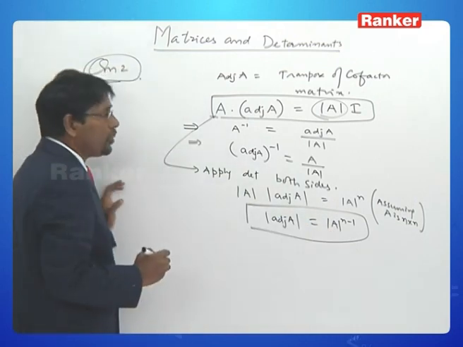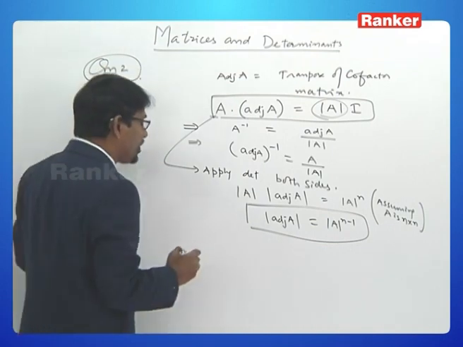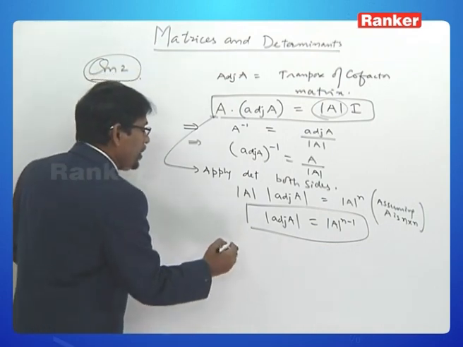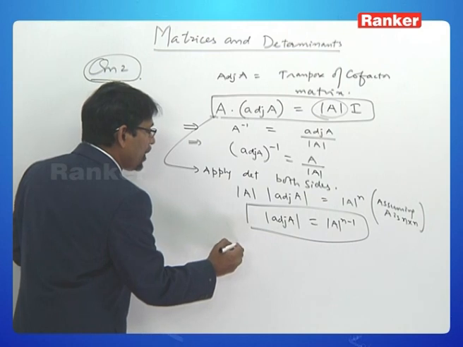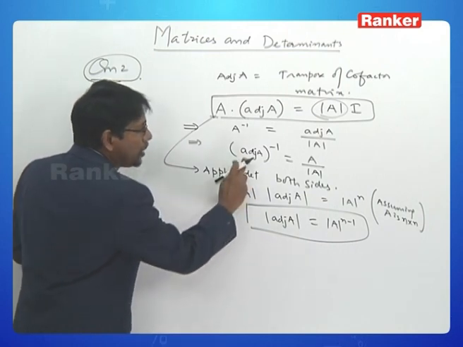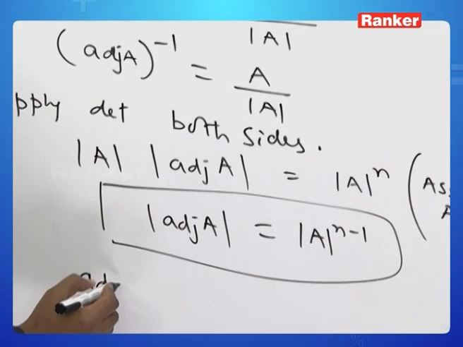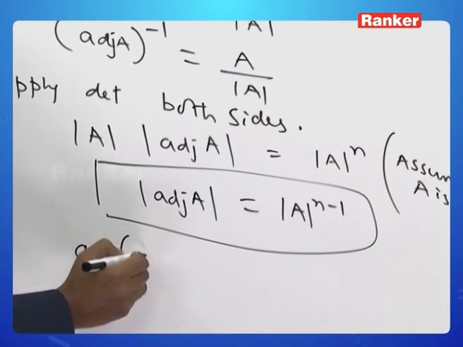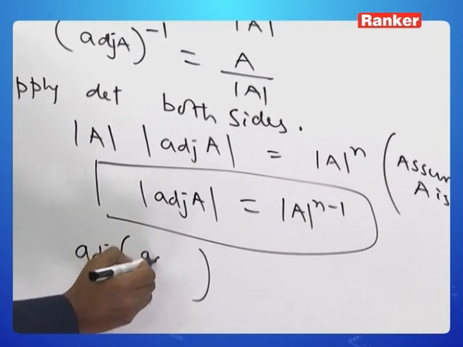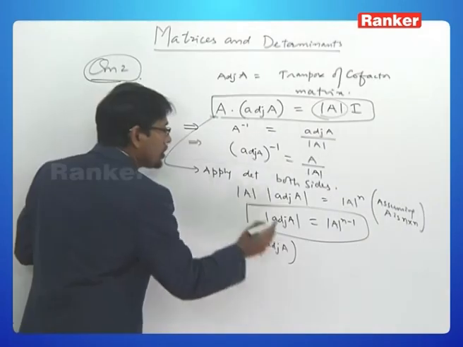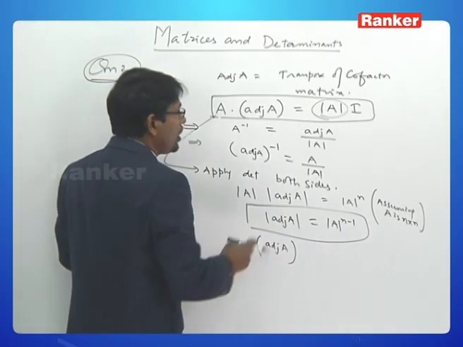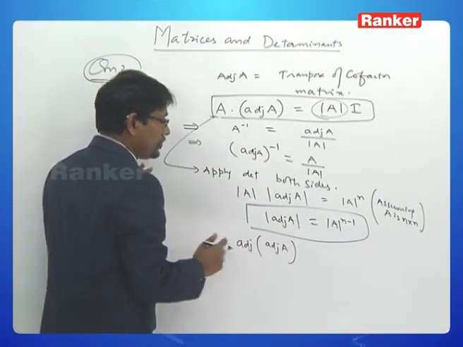Okay, now what we wanted was adjoint of A. What do you know about adjoint of a matrix here? So instead of A we will write adjoint of A. What is that equal to?